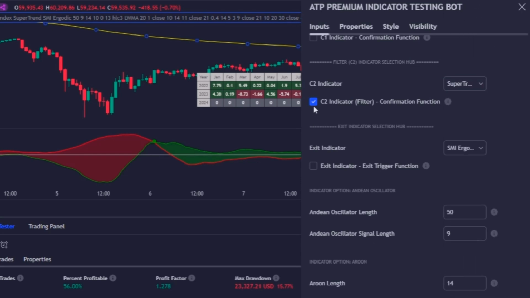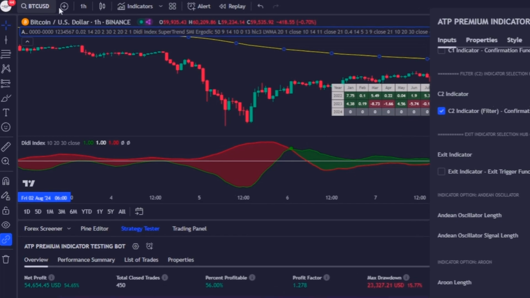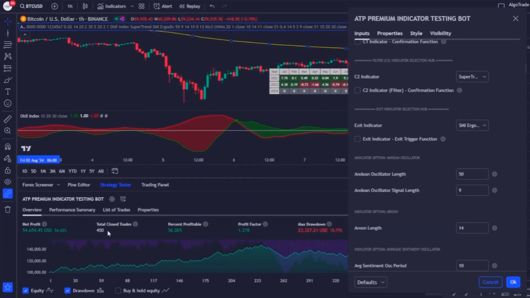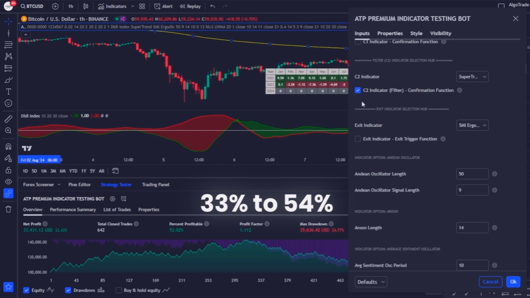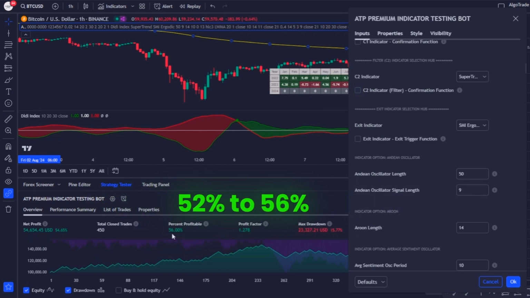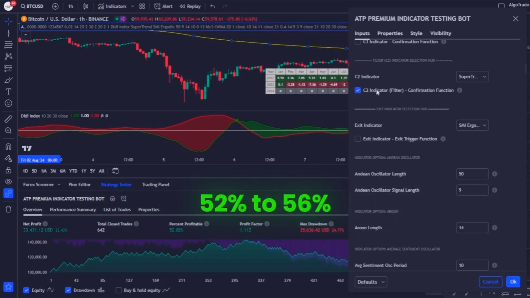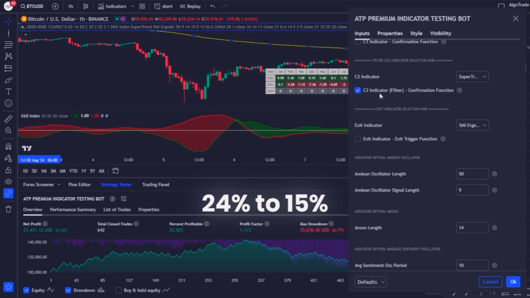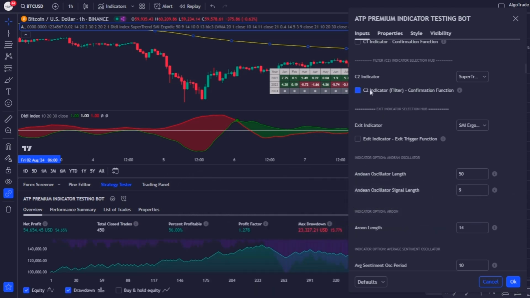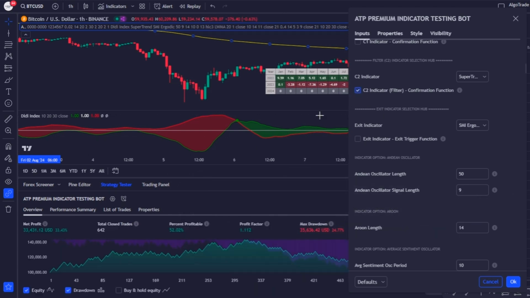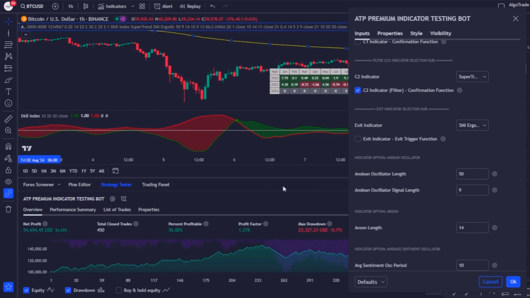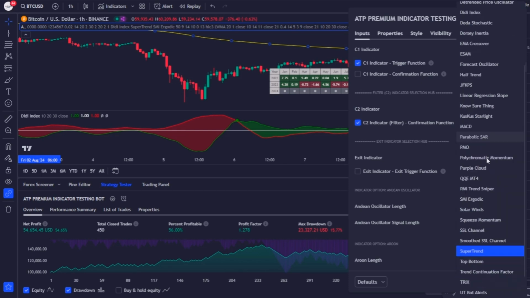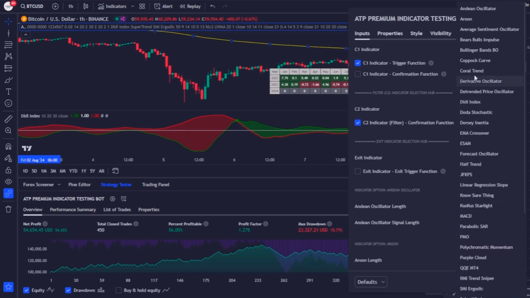And as you can see, on the 1-hour chart of Bitcoin, the net profit increases from 33 to 54%, the win rate jumps from 52 to 56%, and the max drawdown decreases from 24 to 15%. And all of this in fewer trades, which is very good to cut our trading commissions. And just like I selected the super trend, with this trading tool you can test other indicators to find out which one is the best.